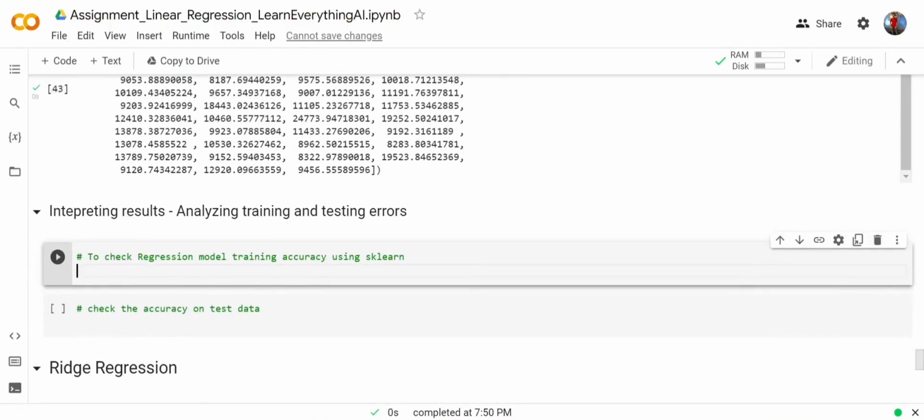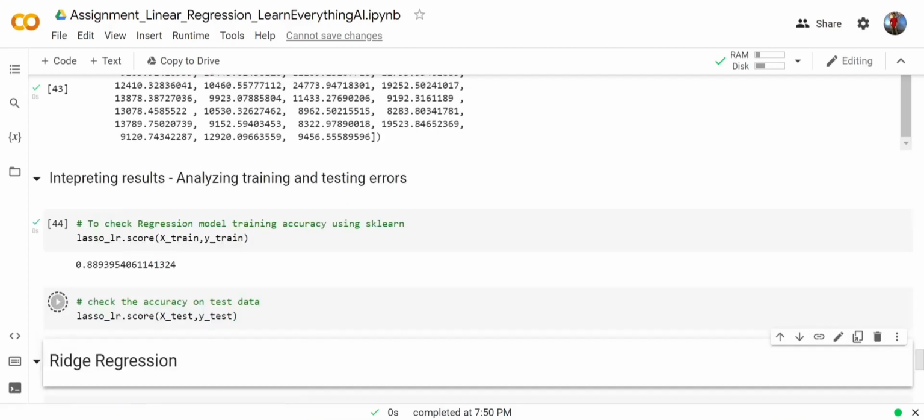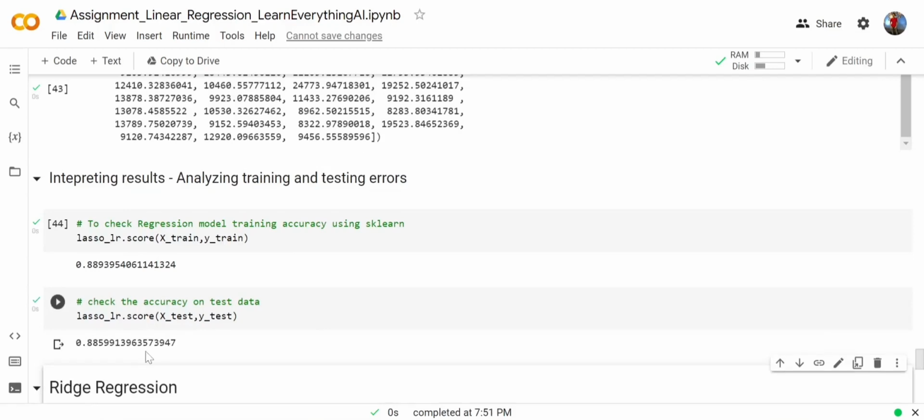So to check the regression model training accuracy for Lasso regression, first we'll do it for the training data set, and we get around the same as we had obtained for the multiple linear regression analysis. I don't even think there is much of a difference there. And now we do it for the test data set, and it is around the same.